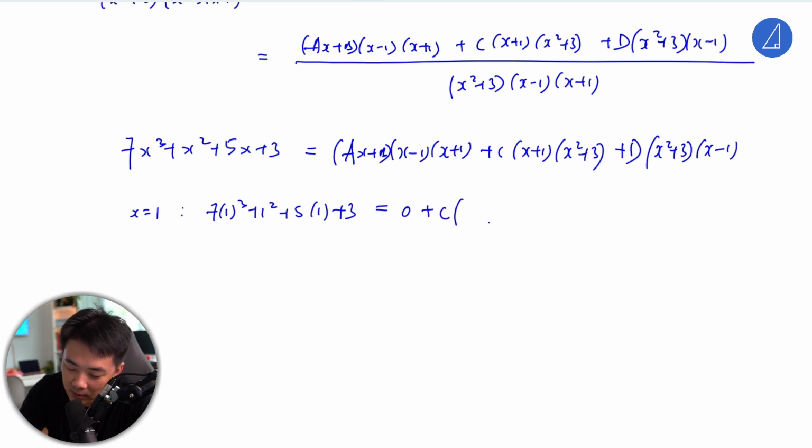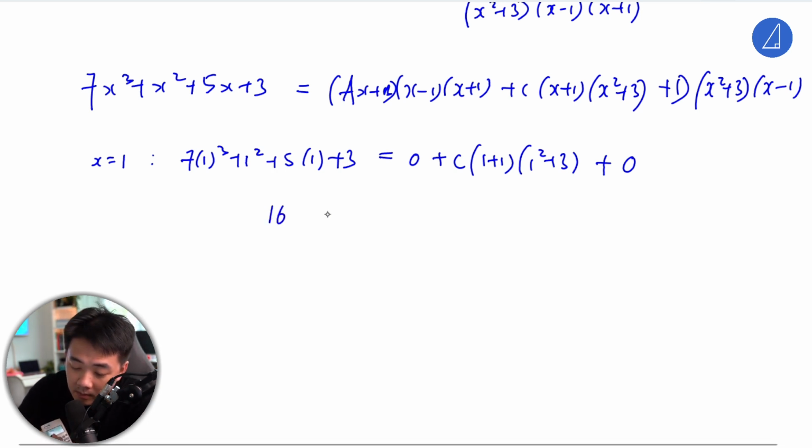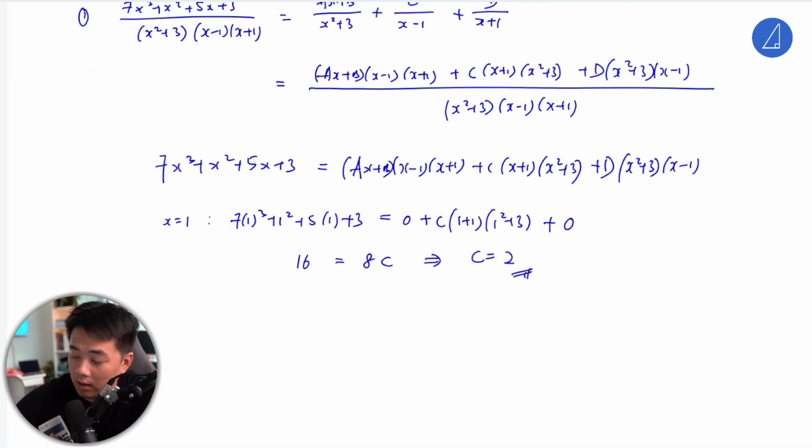The other one, d, is 0 as well. So in this case, what you get is 16 equals 8c. So c will just be 2. Okay, great. So c is 2.